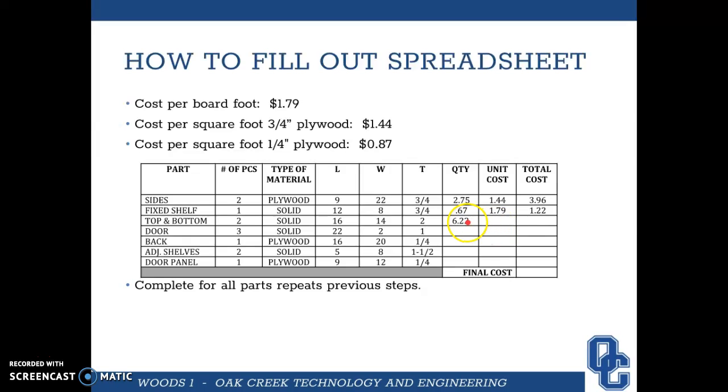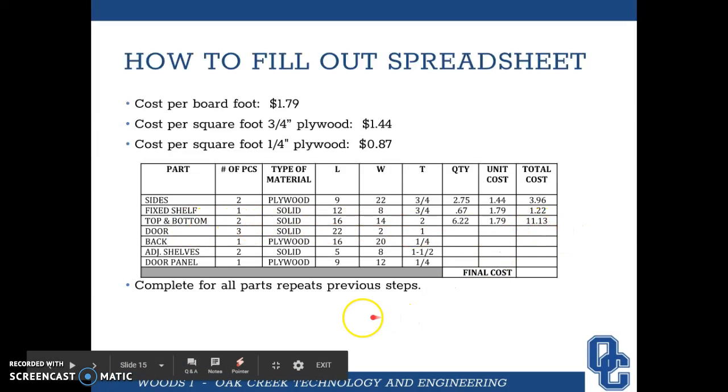So if this is solid, how much does that cost? We know it's $1.79 per board foot. So 6.22 times 1.79 is $11.13. So our top and our bottom pieces are going to cost us a grand total of $11.13. We can keep going on and on throughout here.